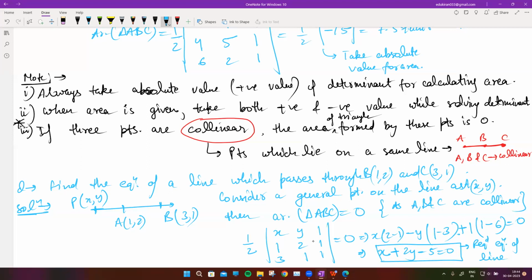Now the third kind of question, which has a high probability of being asked, is this: find the equation of a line which passes through these 2 points, in which you have to consider a general point (x, y) and use the concept of collinearity, that is, the area will be 0, to solve for the equation of the line. Please note this, and if you have any doubt while noting this down, please feel free to ask.